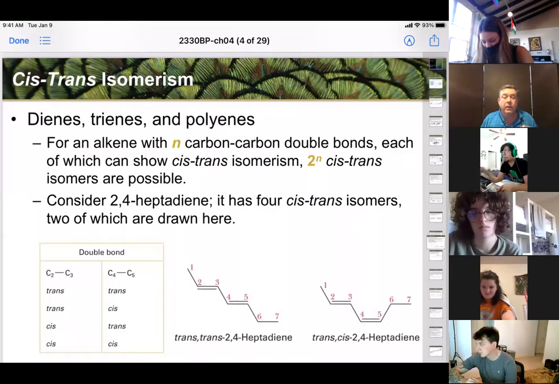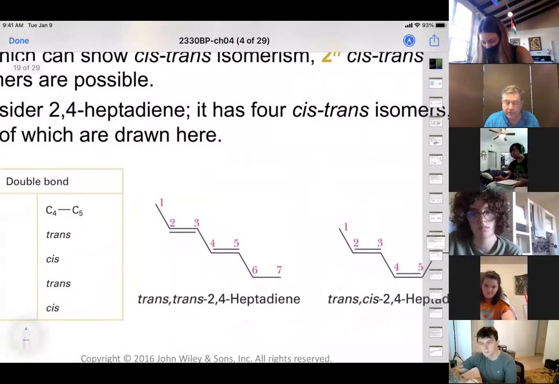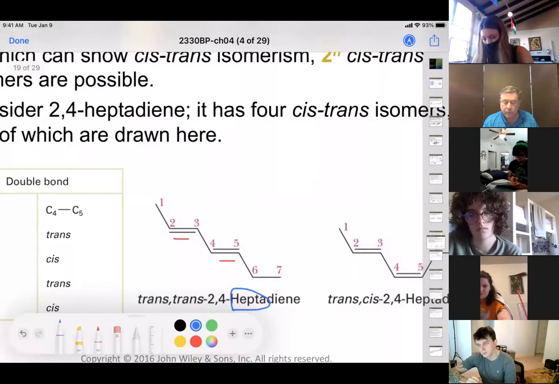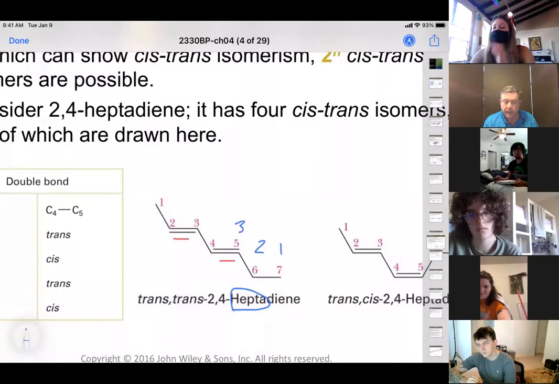Okay. So let's take these two examples here. We have a total of 7 carbons. So that's where we get our hepta from. Okay. And we have 2 alkenes right here. If we number it from this side here, we'd have 1, 2, 3. Our first double bond carbon would be on the 3.